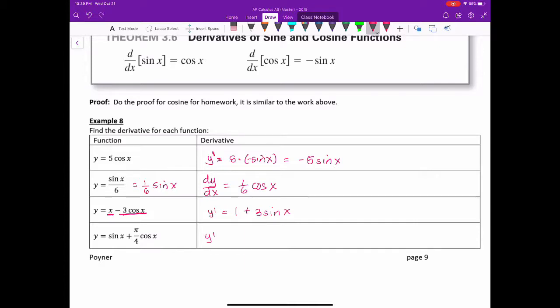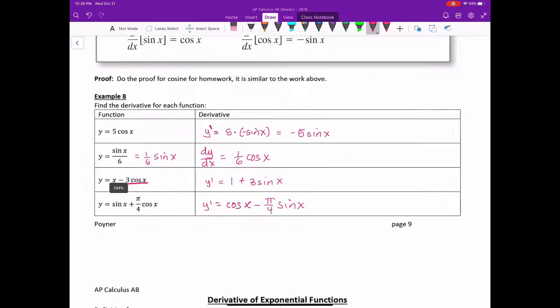Hit pause and then try it afterwards. Okay, that's example 8.